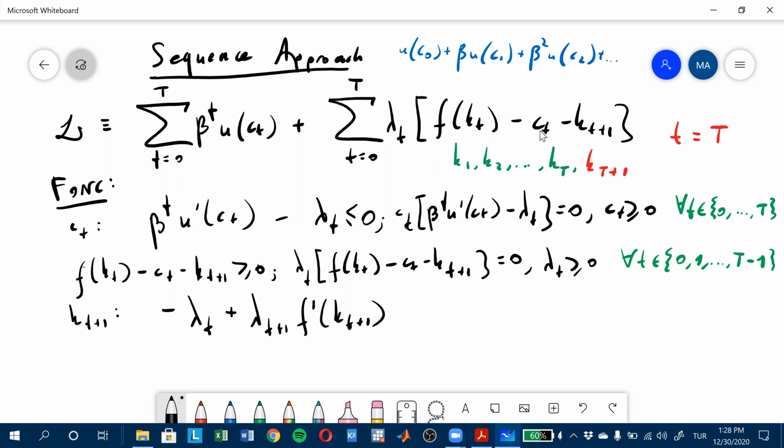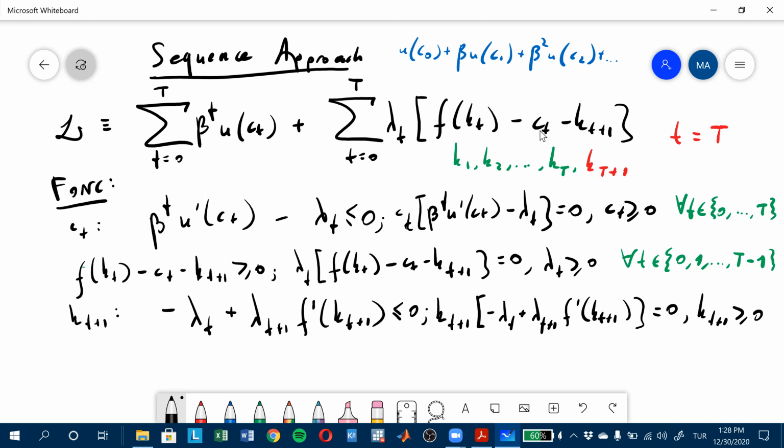Now this derivative, of course, must be less than or equal to 0. Then your KT plus 1 times this derivative equals 0. Then your KT plus 1 must be greater than or equal to 0. But once again, I am doing that for this period, and then I'm going to deal with t equals T later on.